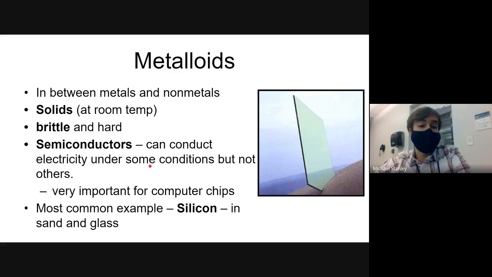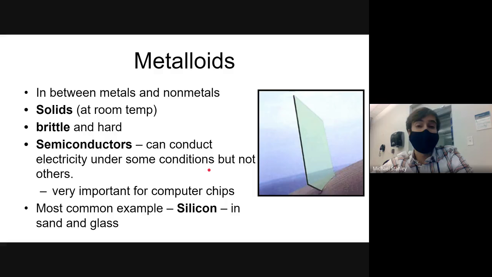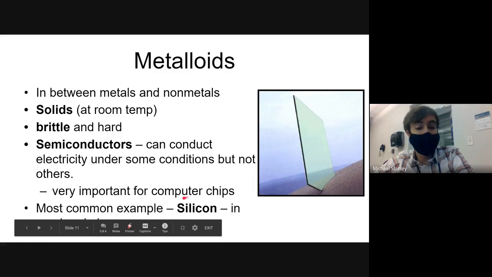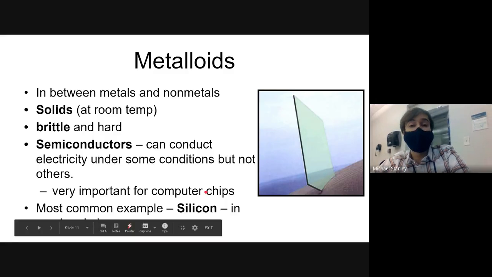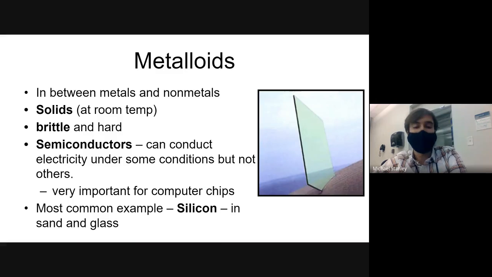Metalloids are actually very important for computer chips. A big metalloid is silicon. It's what makes up a lot of sand and a lot of glass. And it also makes up a lot of the parts of the computer chips that go into your phone, your laptop, your desktop, your tablet.